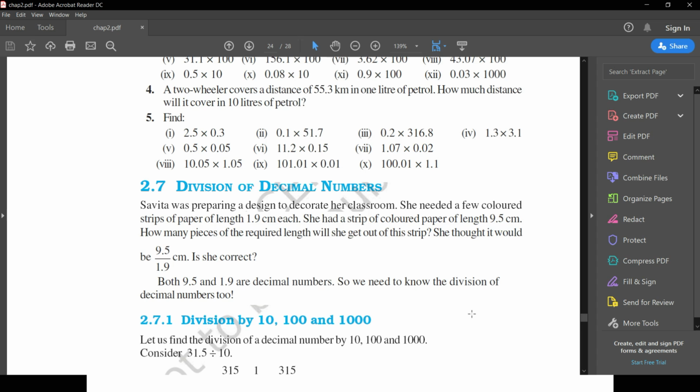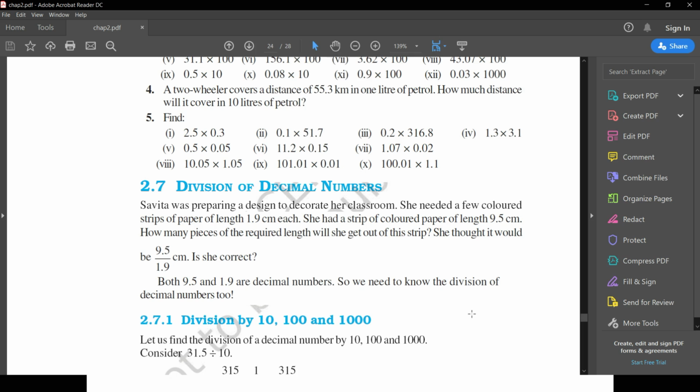Is it correct? So the question is that Savita was designing to decorate her classroom and she needs some colored strips of paper of length 1.9 cm each. She had a strip of colored paper of length 9.5 cm. The total length given is 9.5, while she needs pieces of length 1.9 cm.